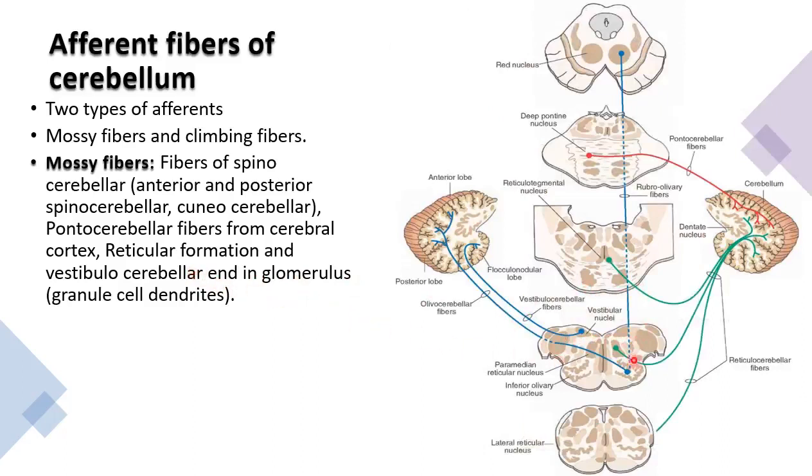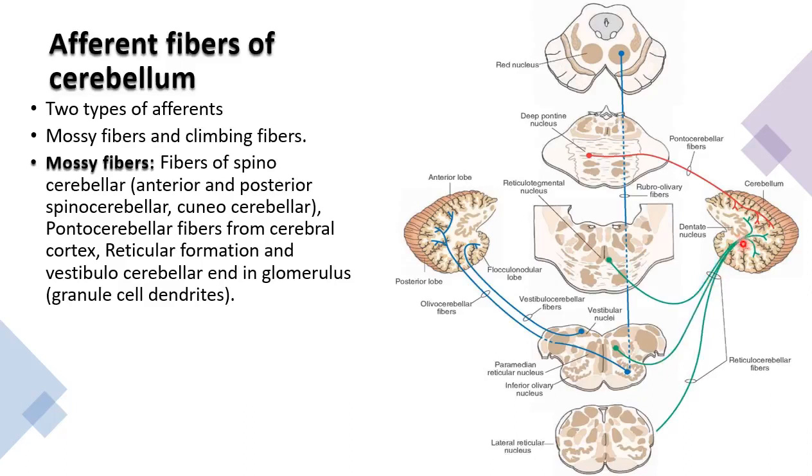So these are the mossy fibers: from the reticular fibers and spinal fibers, which we have already seen, the dorsal and ventral spinocerebellar and cuneocerebellar tracts. These are all reticulocerebellar fibers, and they form your mossy fibers.